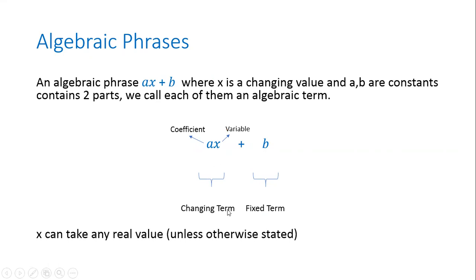We call it the changing term, and it contains a coefficient, which is a, which is usually a real number, multiplied by x, which is the variable. Whereas in the second term, we have b, which is called a fixed term, and it can also take any real value.